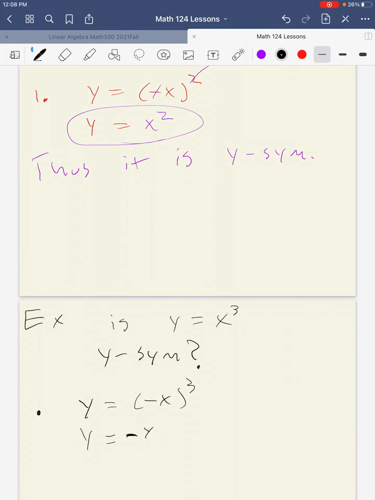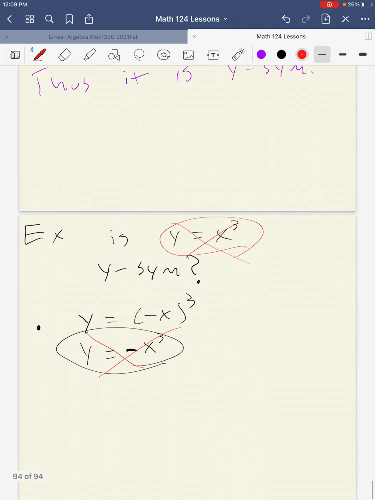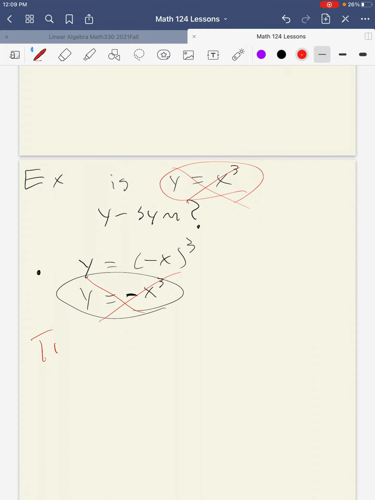A triple negative is still negative. Now this equation is not the same as our original equation, and therefore we conclude y equals x cubed is not symmetric about the y-axis.